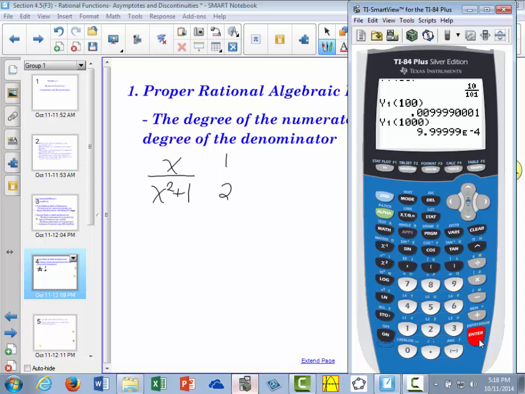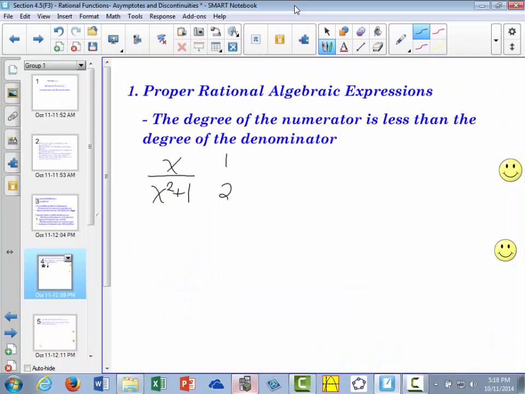And that makes sense. If we go back to our original expression, we can see that as we start putting in numbers for x, it gets pretty large, but x squared gets even larger. And eventually the difference between them is so great that the ratio becomes a number very, very close to 0.